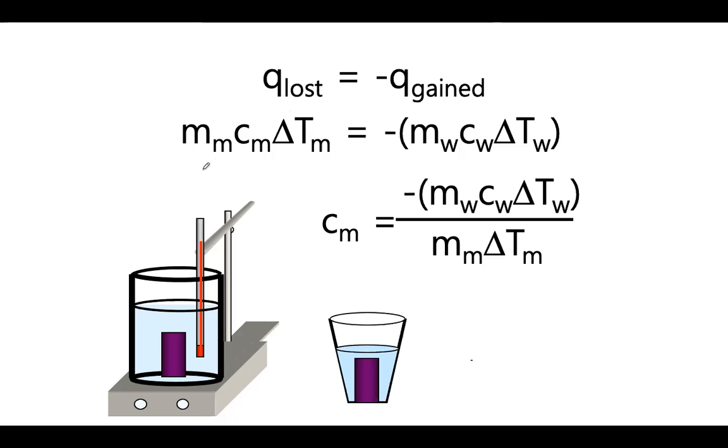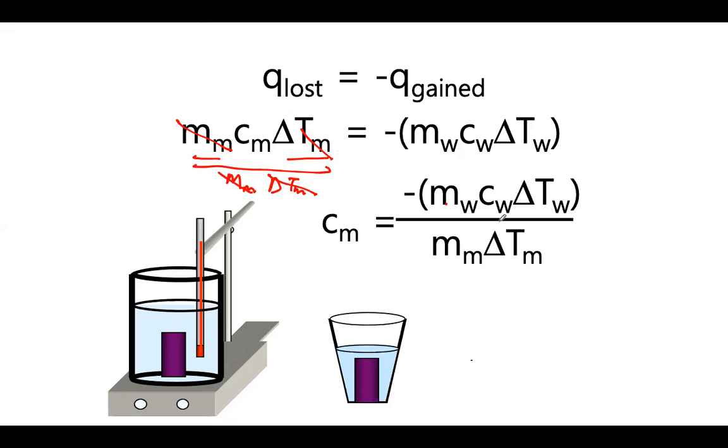All right, so for this side, we want to bring over the M and the delta T. So we would divide both sides by M, and we divide both sides by delta Tm, right? And these two would cancel, and it would leave us with this final equation here.